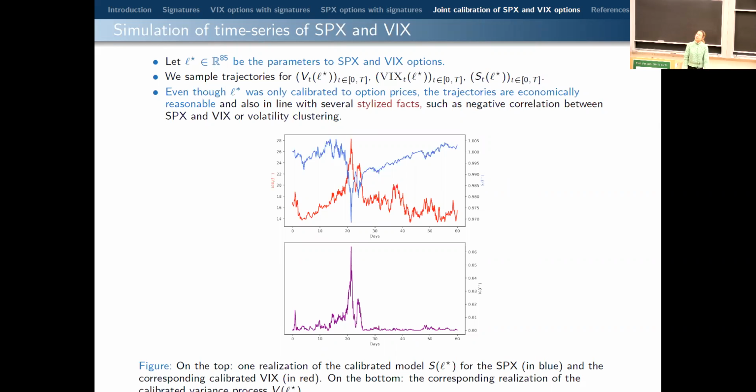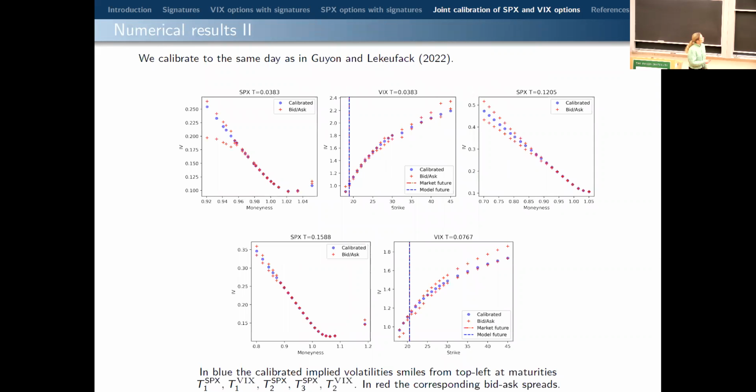No. We have option data. So maybe I go back. So on different maturities, these are options in the future. The price is quoted today. So this is an option that expires, let's say, in 14 days for the first option. The price is quoted today.